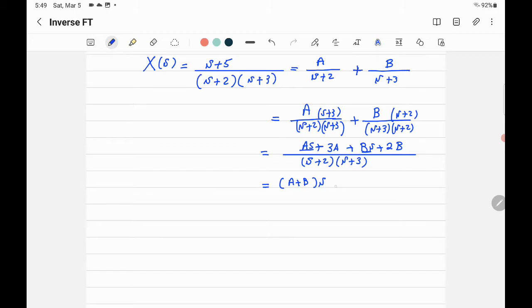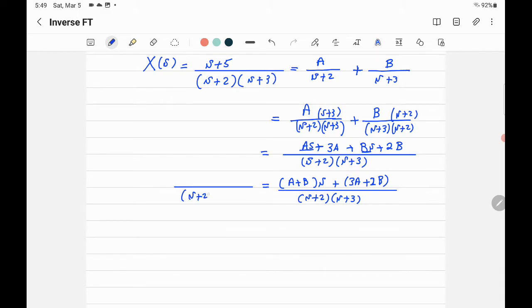What's left is 3A plus 2B, a constant term, and the whole is over s plus 2 times s plus 3. And the whole thing now should be equal to the original expression. So I'll put it there.